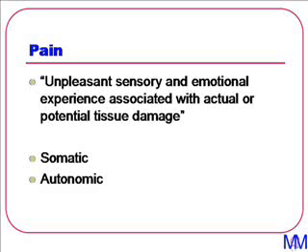Now, if we consider somatic pain first of all, our patient with appendicitis may complain of right iliac fossa pain. This is because the parietal peritoneum is being touched by the inflamed appendix, and the parietal peritoneum has somatic sensory innervation.